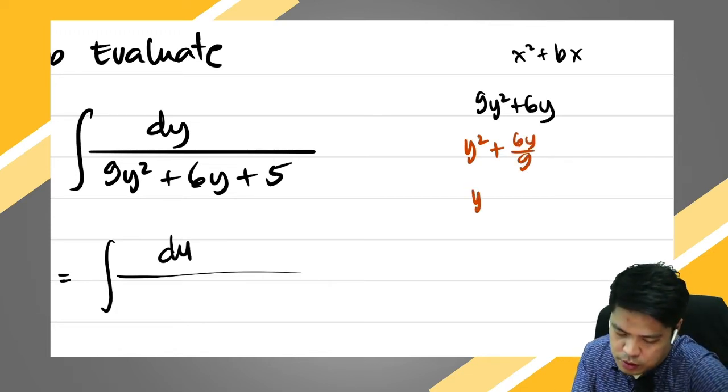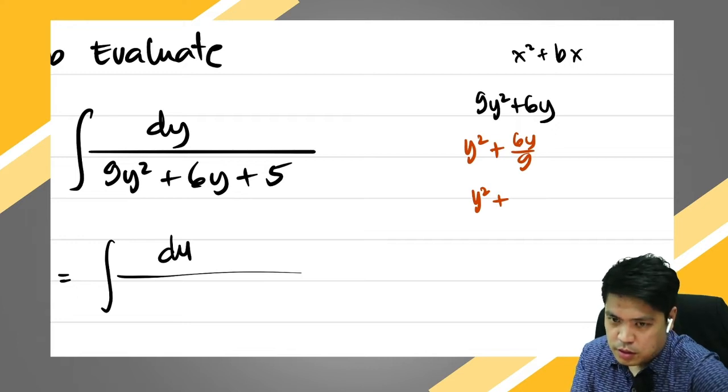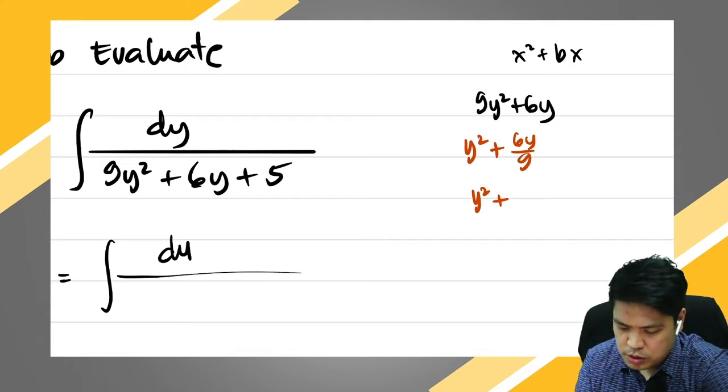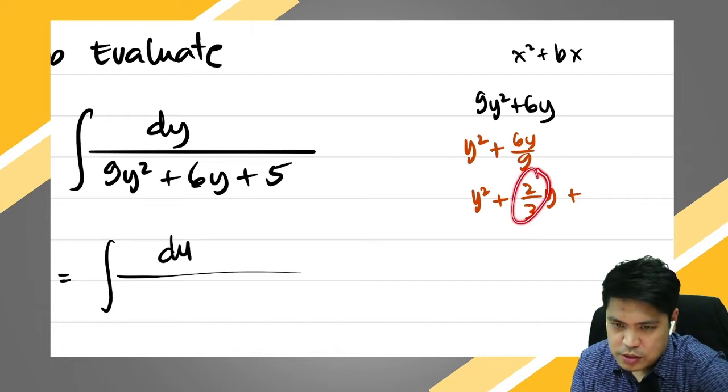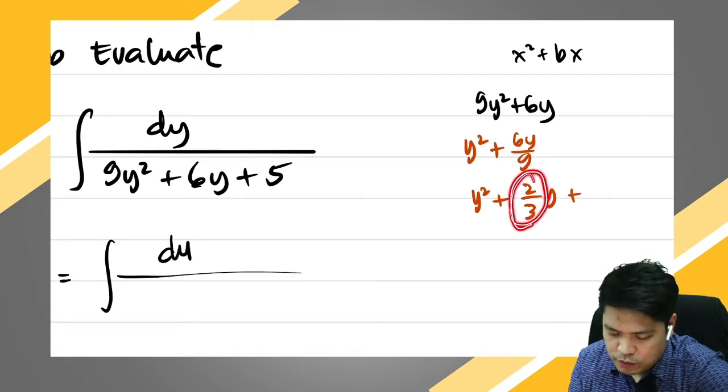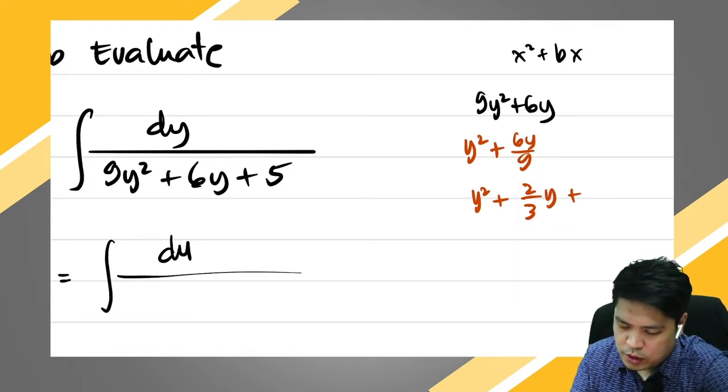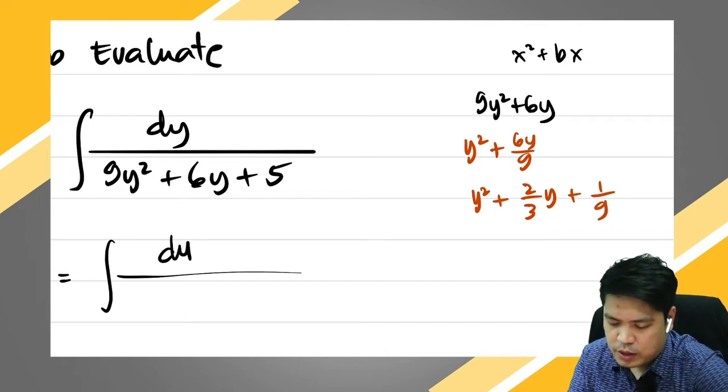Or that would be y squared plus 2/3 y. So we need to add the half of this, then squared. Alright? The half of this, of course, is 2/3 times 1/2. That would be 1/3. And the square of 1/3 is 1/9. So we need to add 1/9.